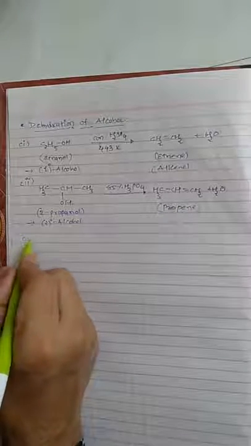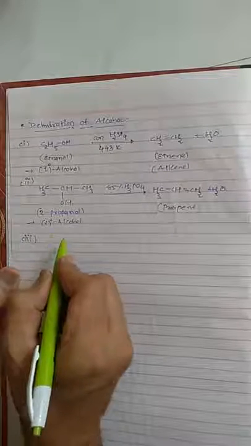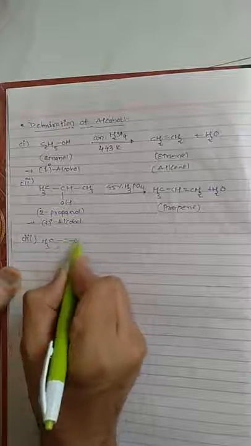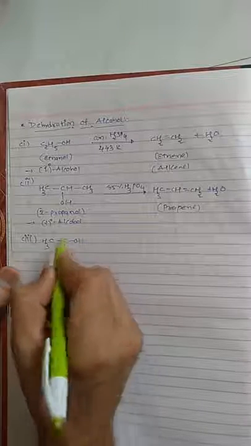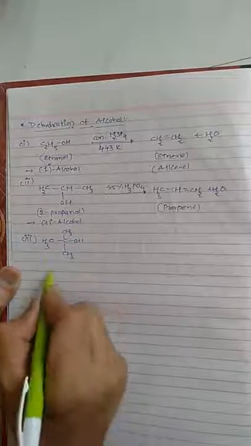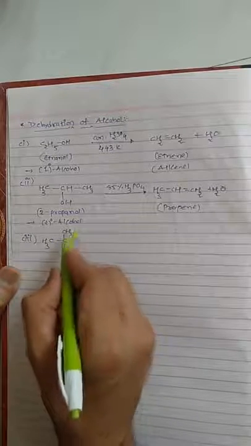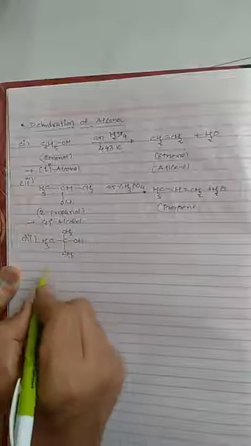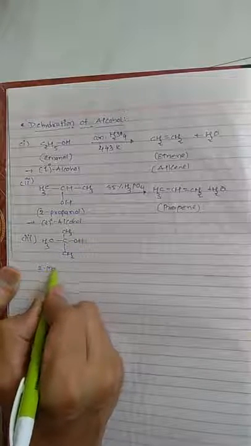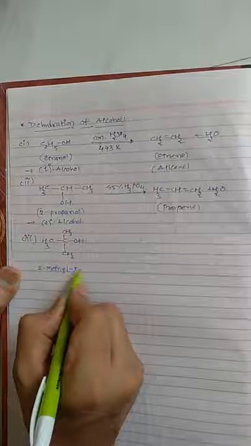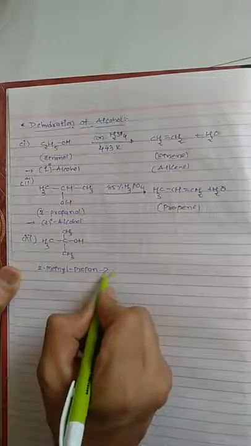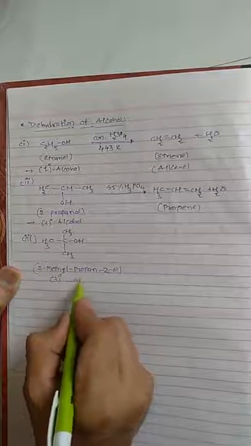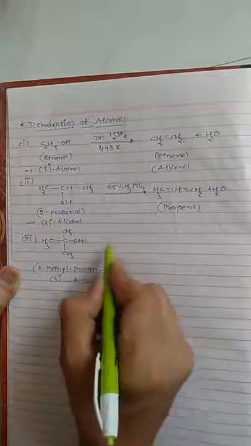Now about the third type of alcohol, tertiary alcohol, CH3COHCH3CH3. For the name of this compound, look at the longest carbon chain, 3 carbons, propane, on which number 2 has a methyl. So I will write the name 2-methylpropan-2-ol, and this is particularly a tertiary alcohol.